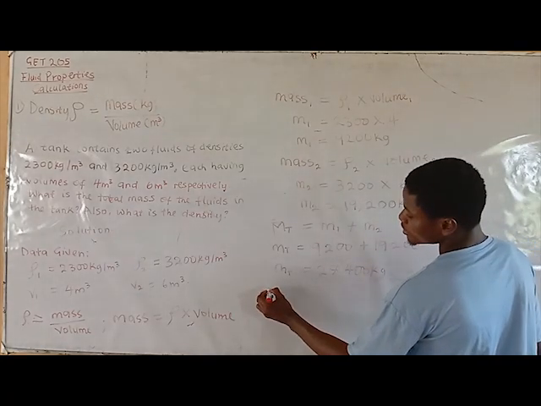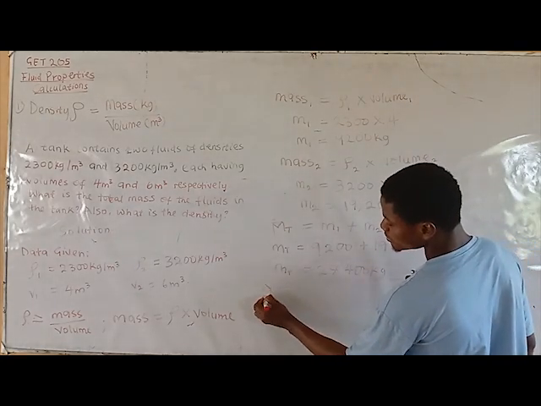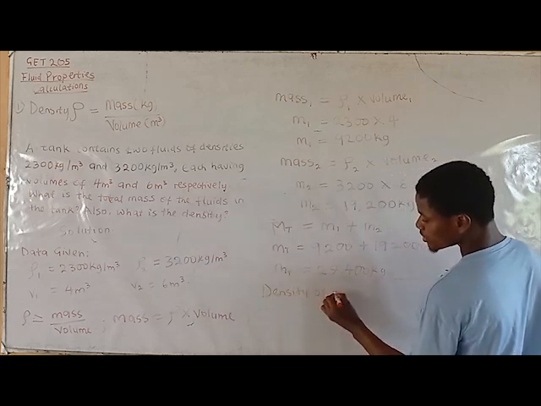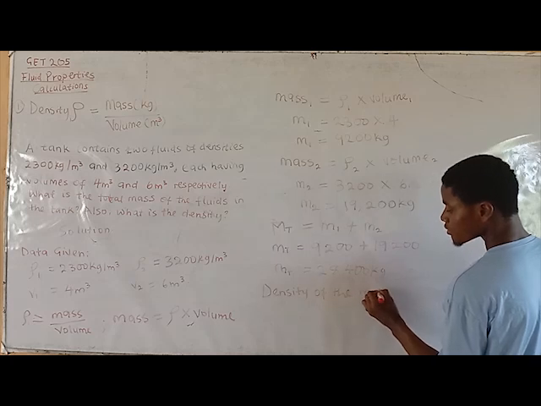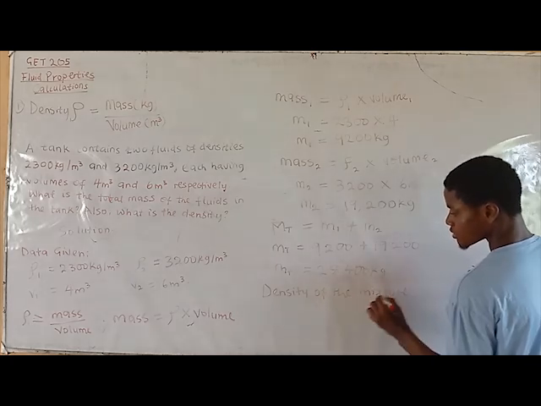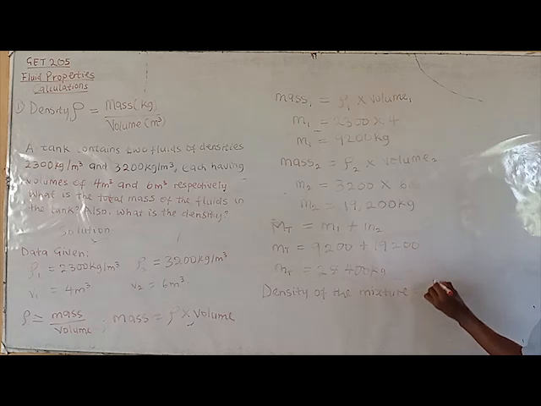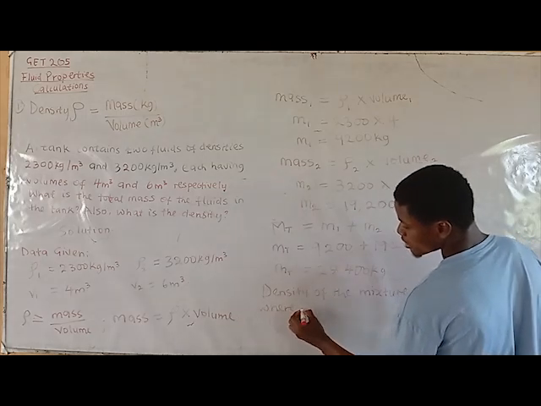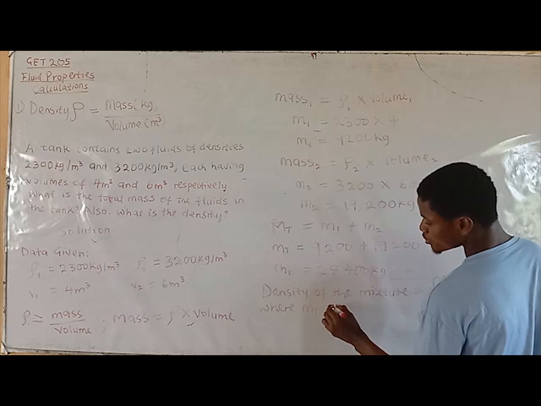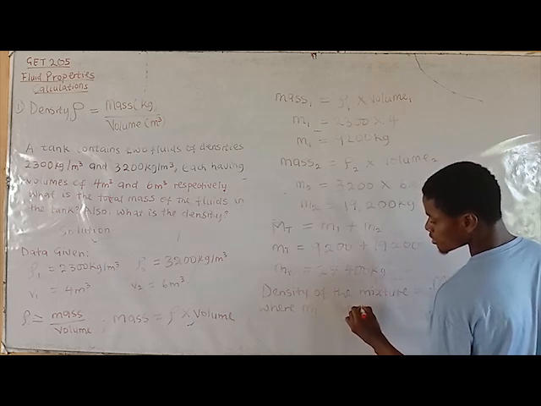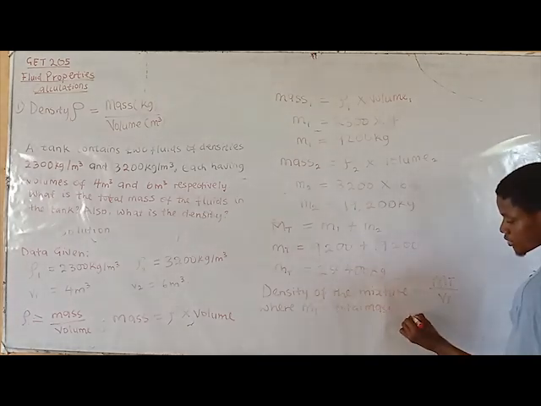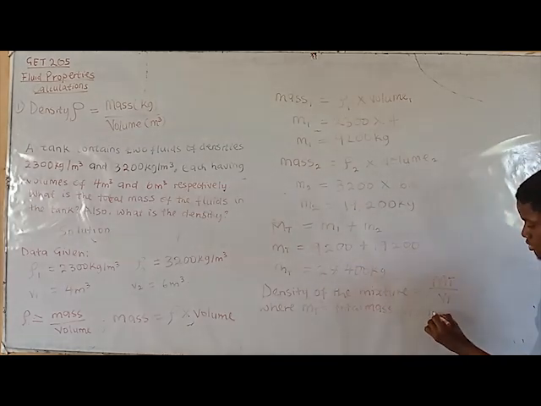So for us to know the density of the mixture, it equals MT over VT, where MT equals total mass and VT equals total volume.